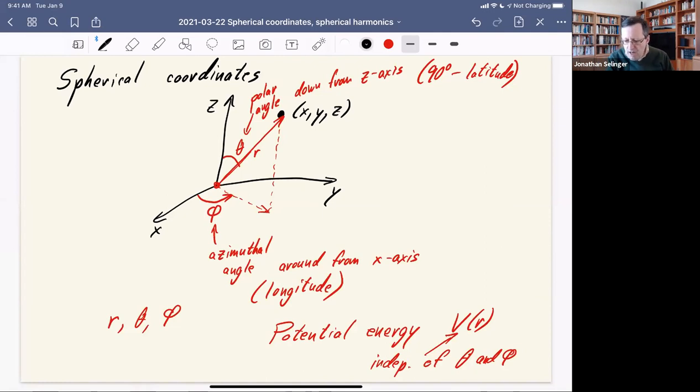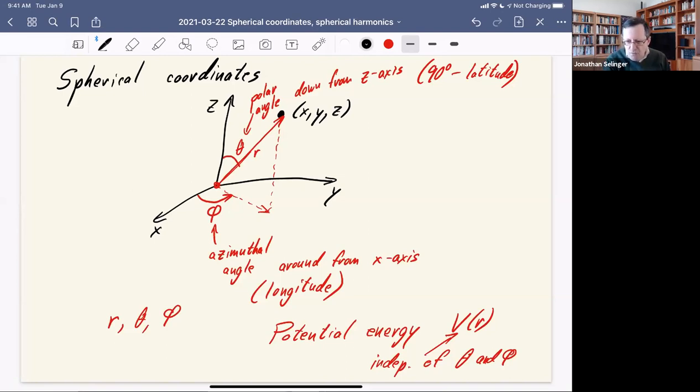But then what I tried to point out to you at the end of the class is that this works for a particular kind of potential energy that has a simple form in Cartesian coordinates. But most kinds of potential energy are not so simple in Cartesian coordinates.